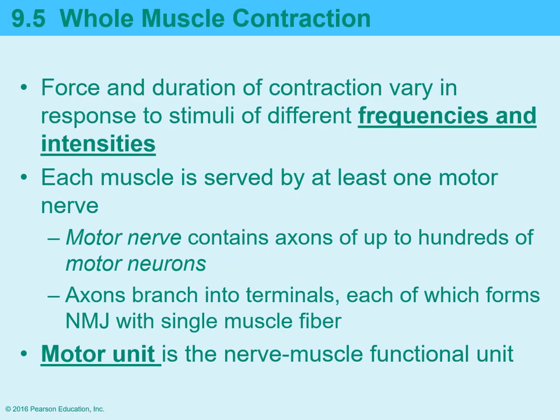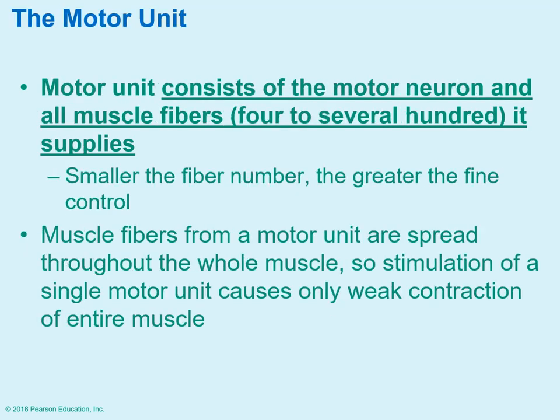Oftentimes, the force and duration of the contraction is going to vary depending on the response to the stimuli. How frequent is it? What's the intensity of the stimulus? Every muscle is served by at least one motor neuron, sometimes more. So how many stimuli are coming in? The motor unit is the nerve-muscle functional unit, as we have said before.